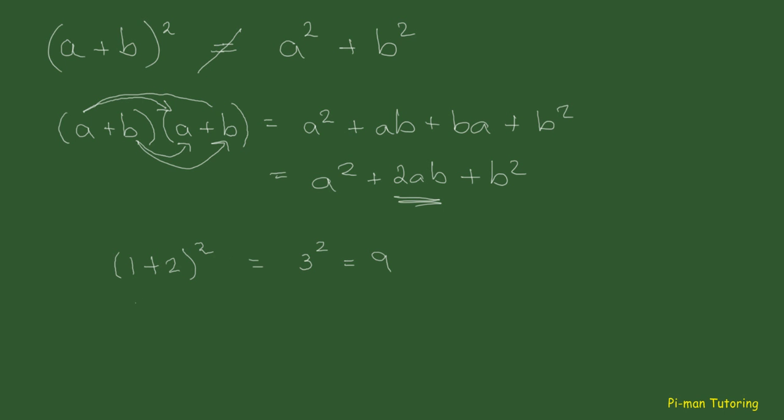Now, let's do it by correctly expanding the bracket. (1 plus 2) squared means (1 plus 2) multiplied by (1 plus 2). So we do 1 times 1 is 1. 1 times 2 is 2. 2 times 1 is 2. And 2 times 2 is 4. So we get the correct answer. 4 plus 2 plus 2 plus 1 is 9.